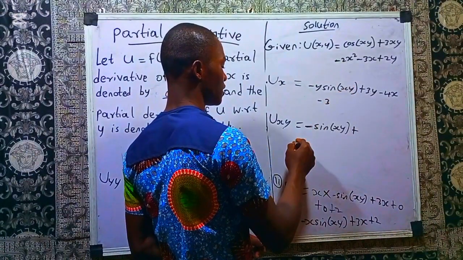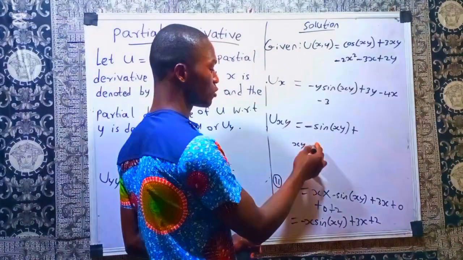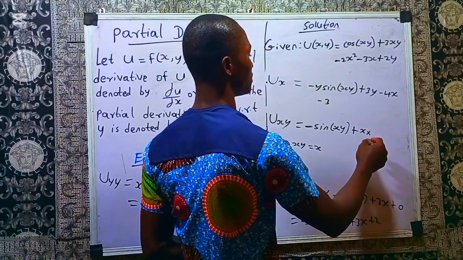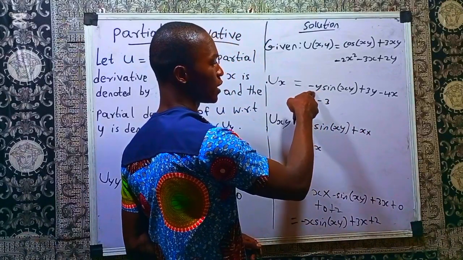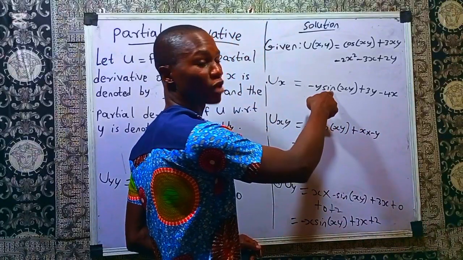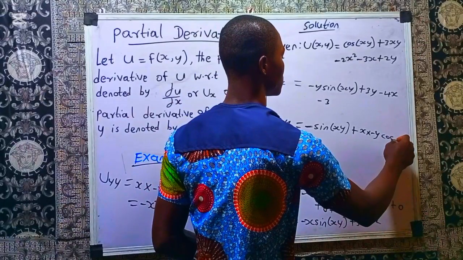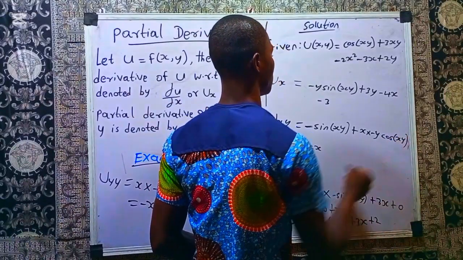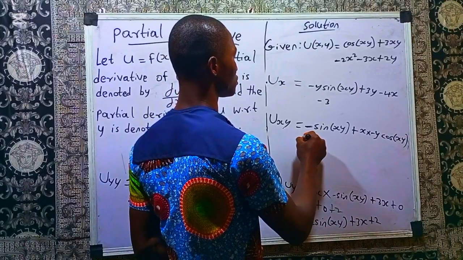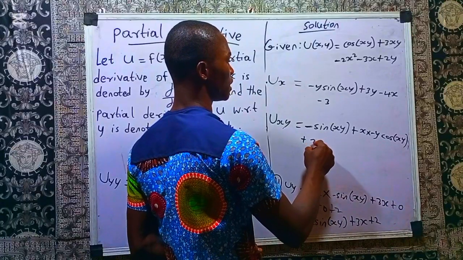The angle of sine is xy. So if you differentiate xy with respect to y, you are going to get x. So you now do x times, we are keeping y, right? Negative y, and you have to differentiate the trig. Differentiate sine, what will you get? Cosine xy. So plus, what's the derivative of 3y with respect to y? You get 3.